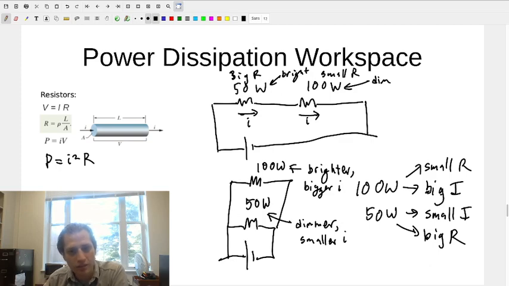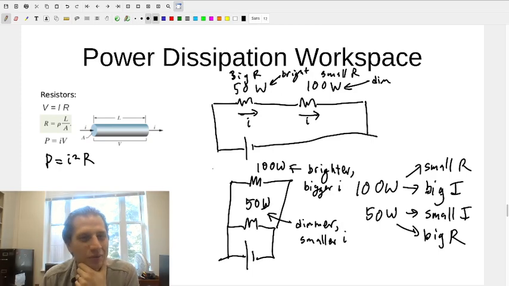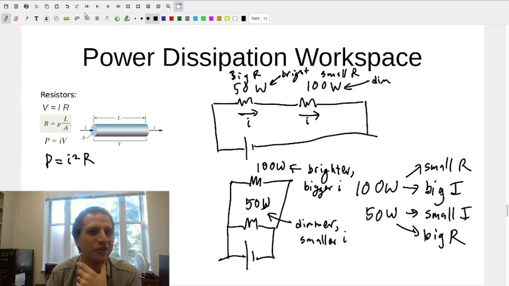Okay, so it's a little bit confusing, because if you have these two bulbs in parallel, one is bright and one is dim. If you put them in series, they'll flip-flop. So that's an interesting problem, maybe a little bit too hard to put on a test.